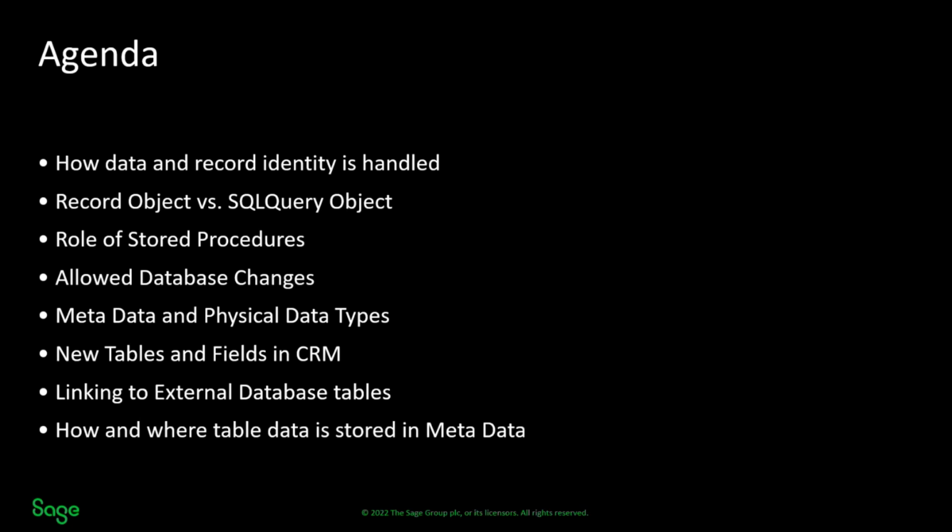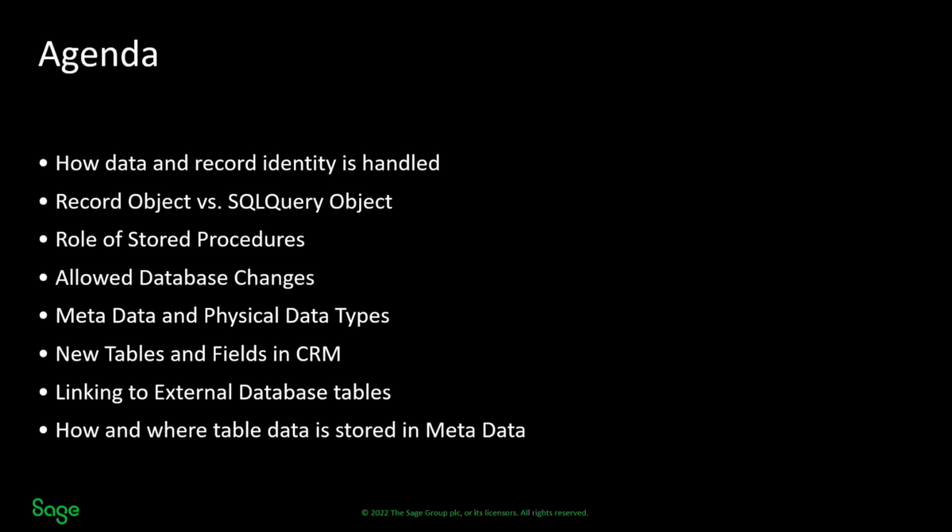We'll look at the idea of what you are allowed to do to your data model as far as customization goes. And we'll also think about the way in which Sage CRM understands and models physical data types into the conceptual types inside the application layer, and that has an effect on then the presentation layer of the system.